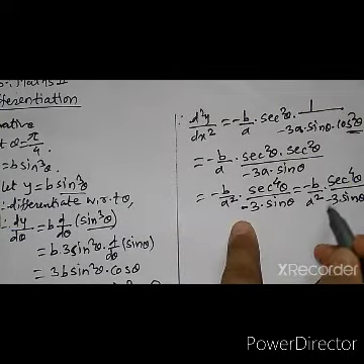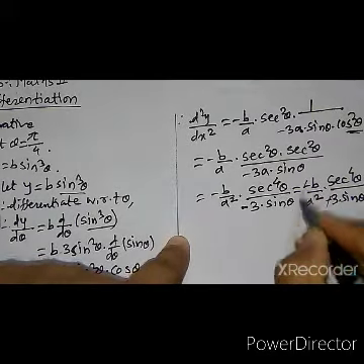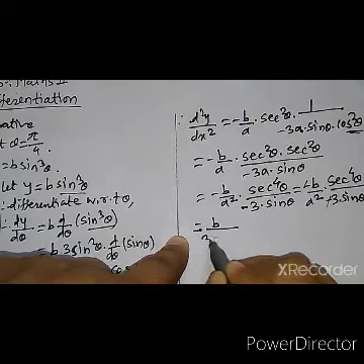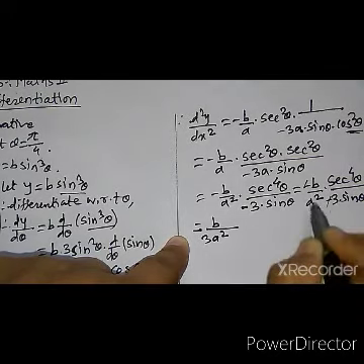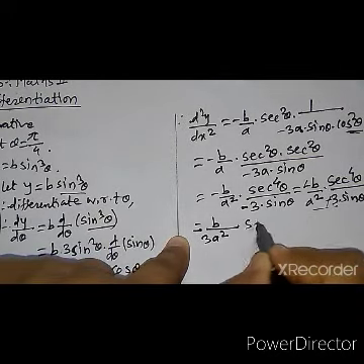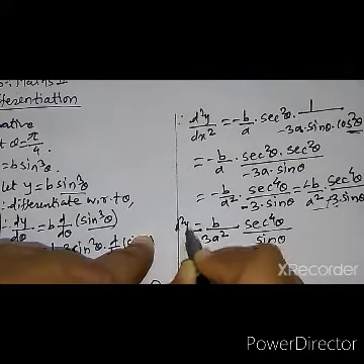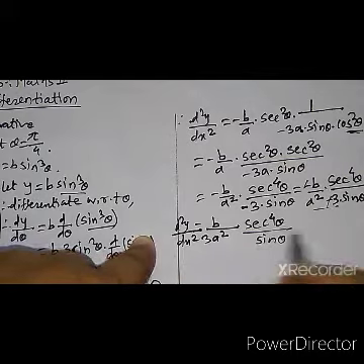So here minus minus gets cancelled and we got b upon 3a square into sec raised to 4 theta upon sin theta. So this is d2y by dx square.